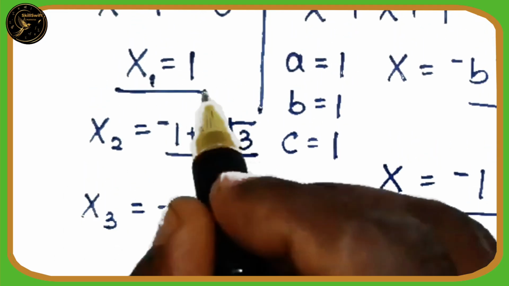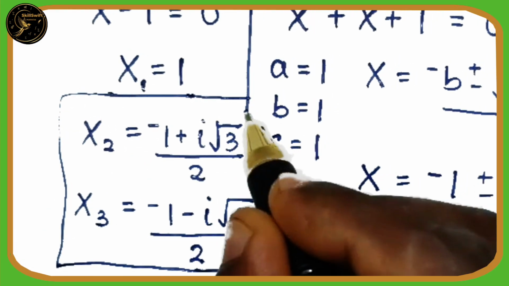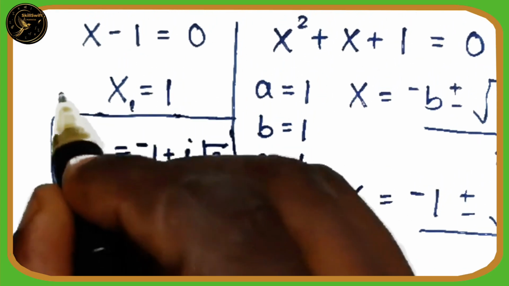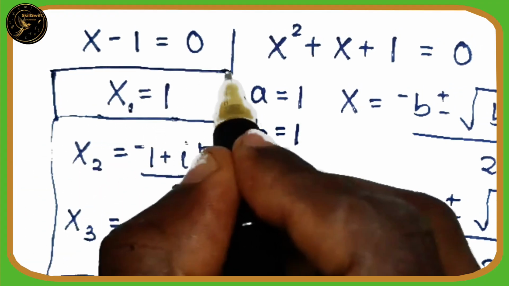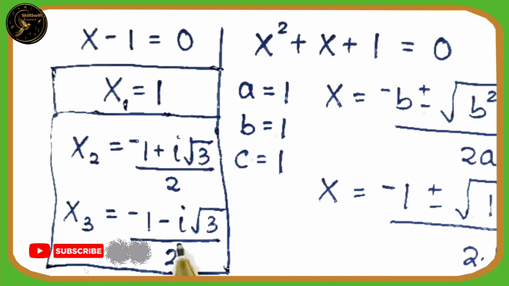So these are all the values of x for this problem. We have one real solution, 1, and two complex solutions.